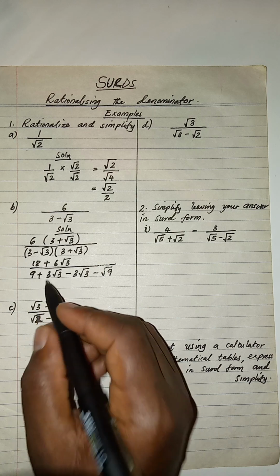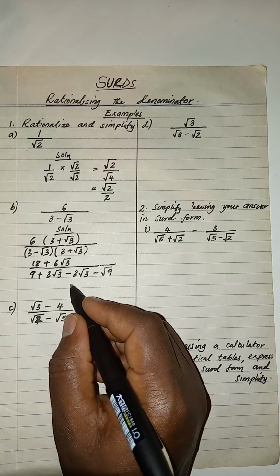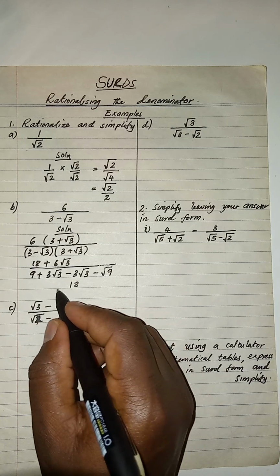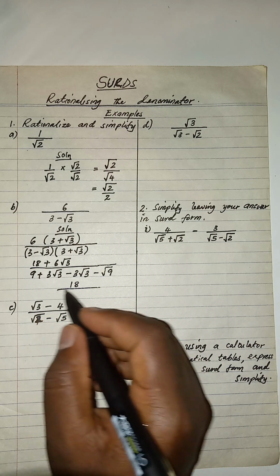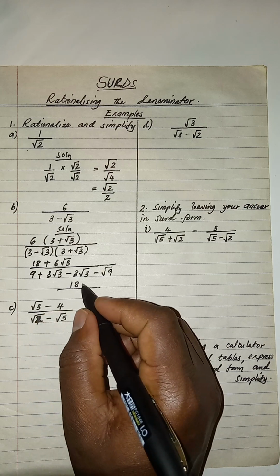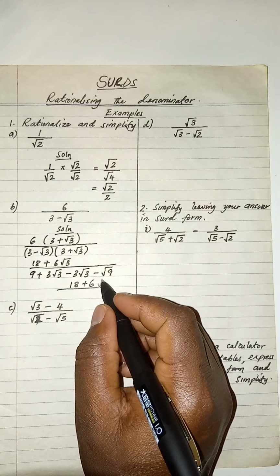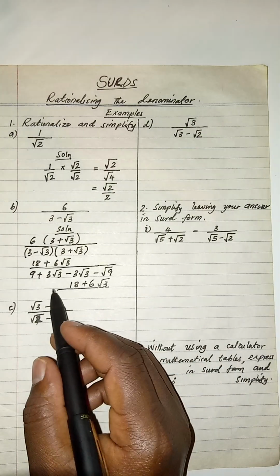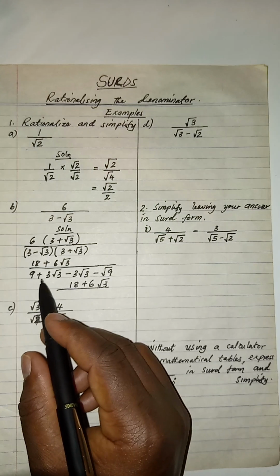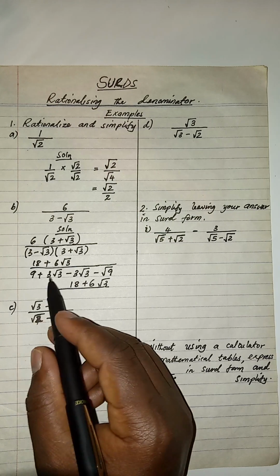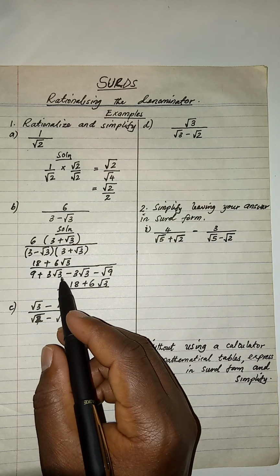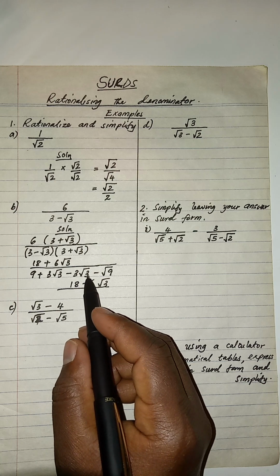So this is 18 plus 6 root 3 over 9. Then 3 root 3 minus 3 root 3 is 0.